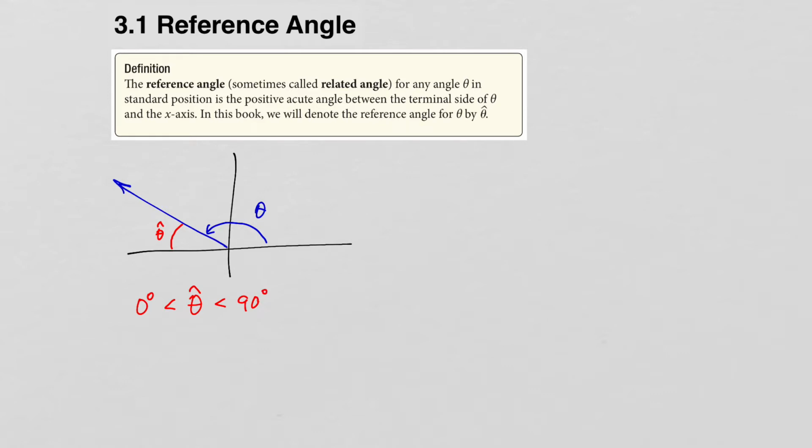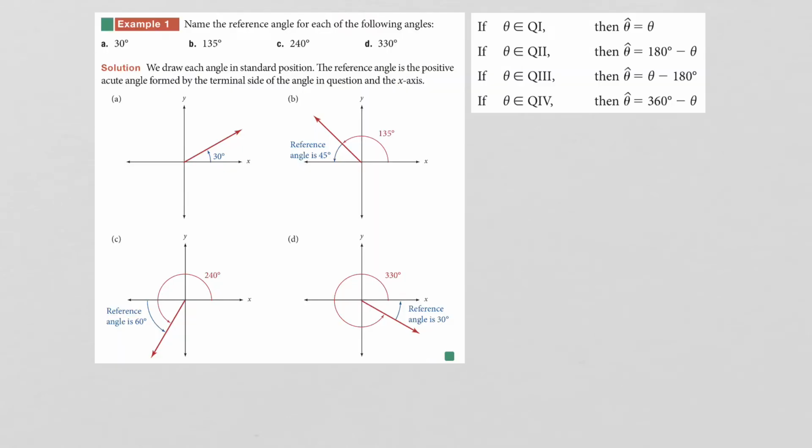Let's take a look at some specific examples. So here we want to find the reference angle for each of the following angles. We have the angle 30 degrees, 135 degrees, 240 degrees, and 330 degrees.